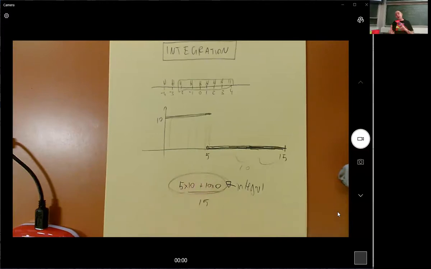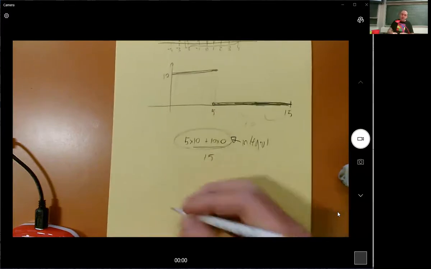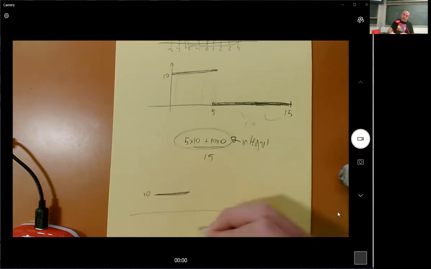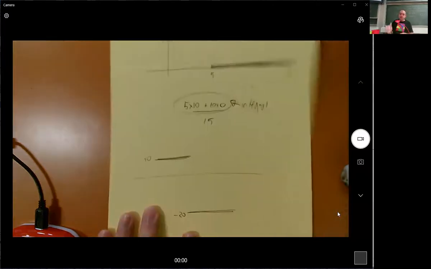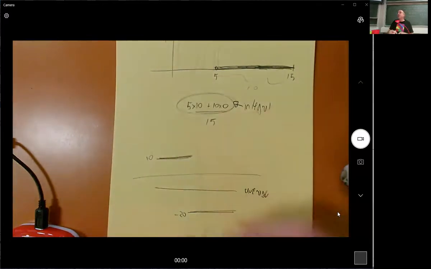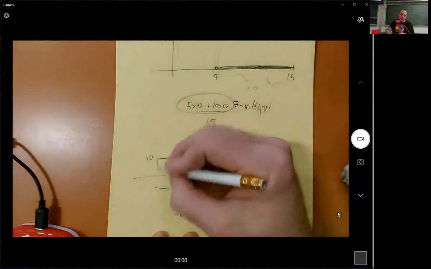And this is actually the reason why integrals are allowed to be negative. If you had something that spent some time being 10 and some time being minus 20, then on average you'd expect the average to be down here, which would be negative. So you need integrals to be allowed to come out negative.